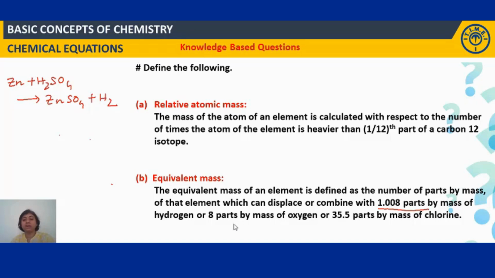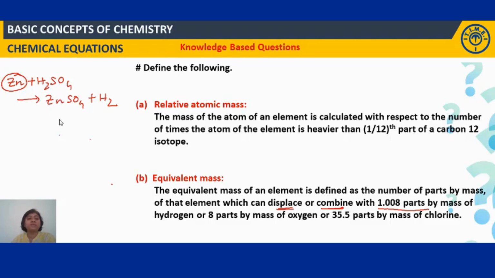Now coming to the equivalent mass definition, we have already seen combine. So what is the significance of displace? Here you can see that one molecule of zinc, which is monoatomic, displaces one molecule of hydrogen. For any metal, atom and molecule are the same because it is monoatomic in nature.